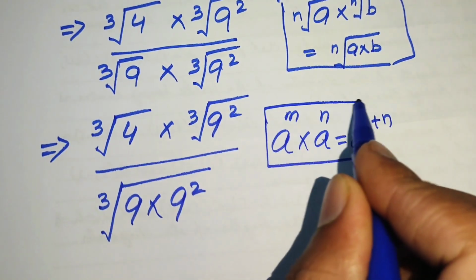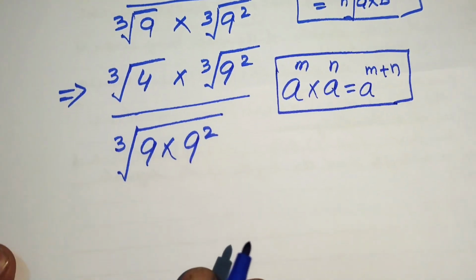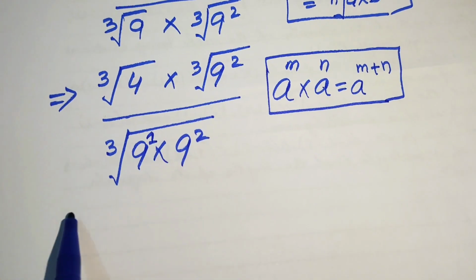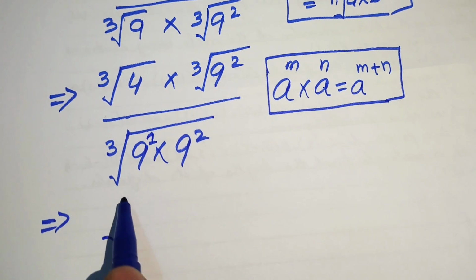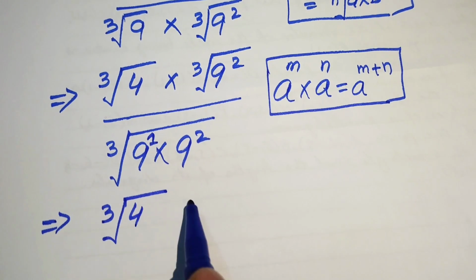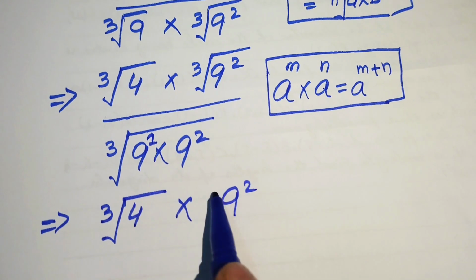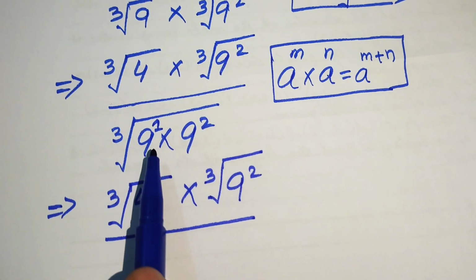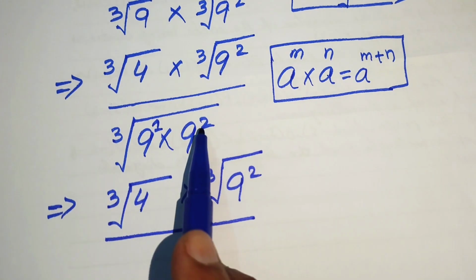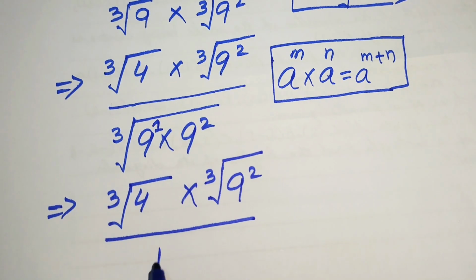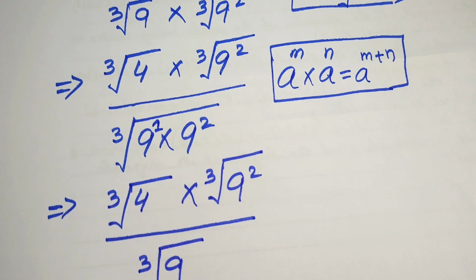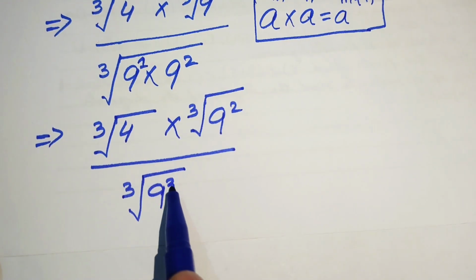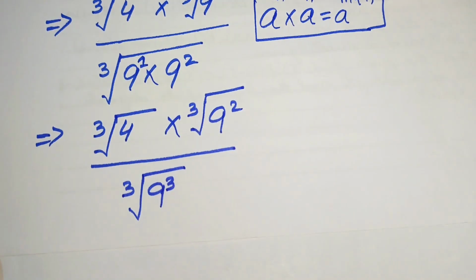So now we apply this nice exponential law here, so that you combine the exponents of both of these terms, and it will be written as cube root of 4 multiplied by 9 squared, and cube root, divided by, since the bases are the same, we add the exponents, cube root of 9 cubed. Okay, this 1 plus 2 becomes 3.